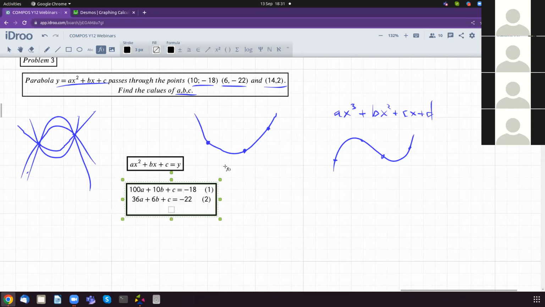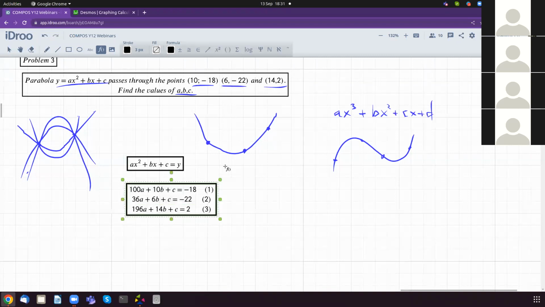And the third one is 14. So 14 squared is 196a plus 14b plus c equals 2. And we will call this equation 3.